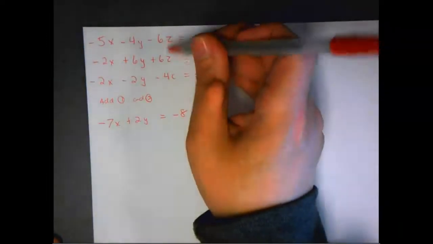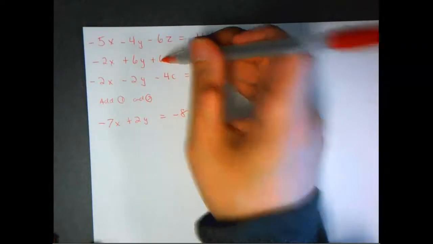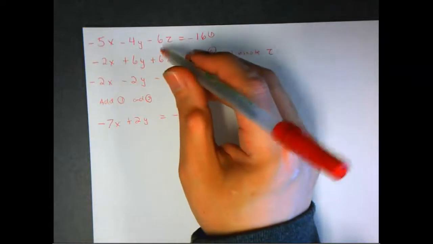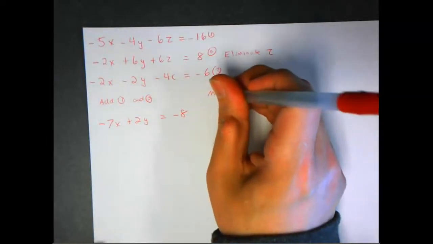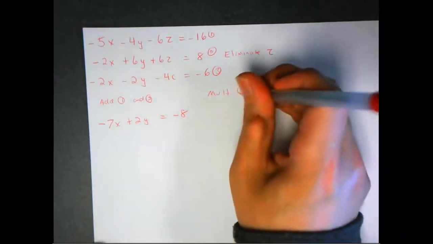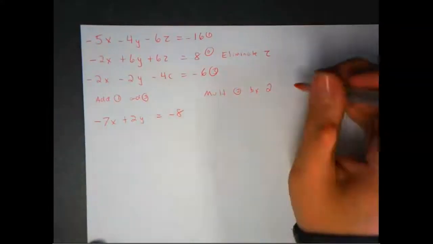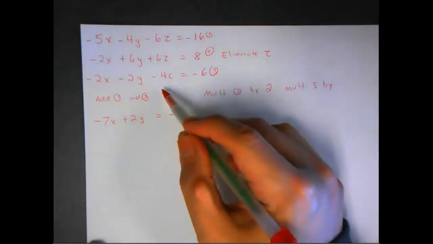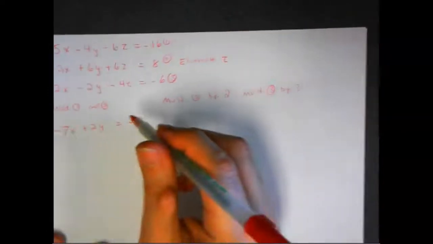Since these are positive and negative, I'll do these two, but I need to get them to be the same. So let's see, I could get them to be 12. 6 times 2 is 12, 4 times 3 is 12. So I'm going to multiply 2 by 2 to get to 12, and at the same time I'll multiply 3 by 3, because that gives me 12 as well.